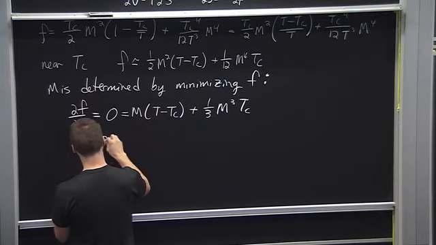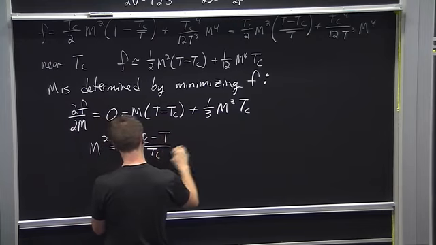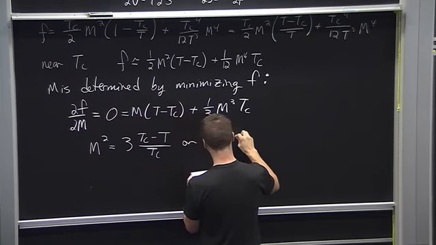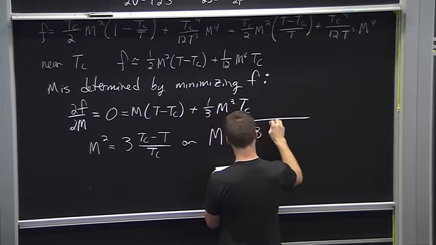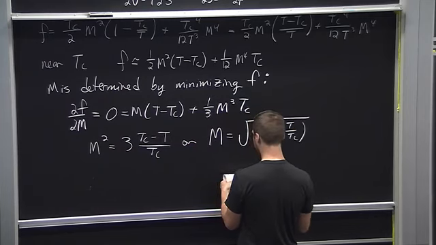So m squared, you see that beta coming out? I guess I just rederived beta for no reason.